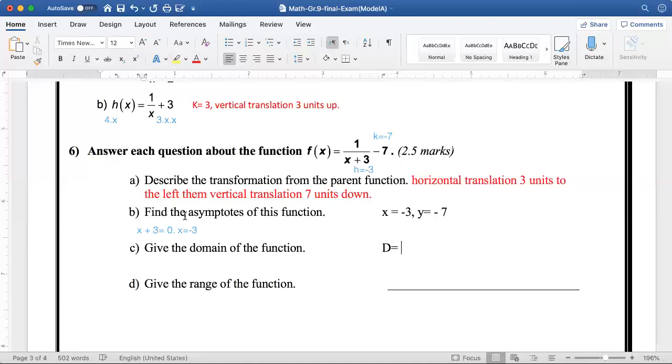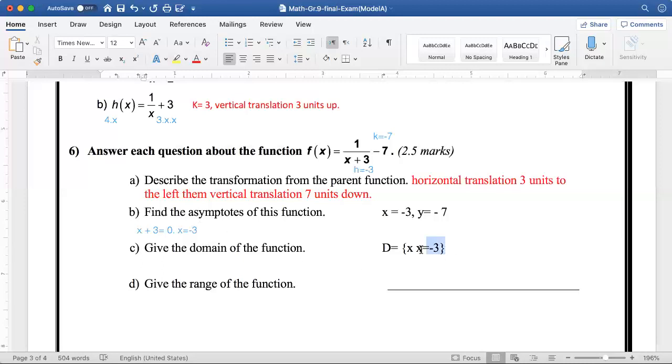I would write it in this form, where x is not equal to negative 3, and close. Okay, this is how I write the domain.